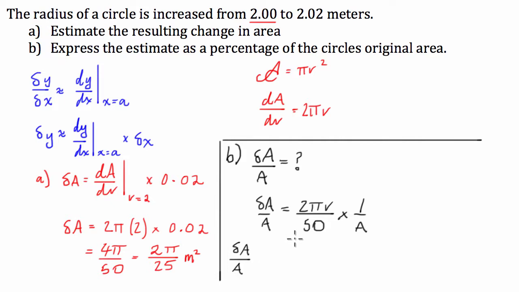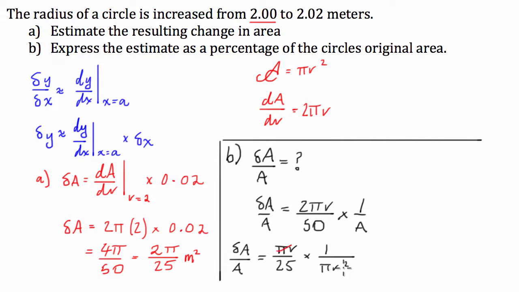So then I've got this delta A on A is equal to, I'm going to get rid of the 2, and I'm going to call this just pi r over 25 times by 1 on area. Now the area of a circle, again, we're going to change that out, and that's equal to pi r squared. Cool. So then we take a red pen and simplify this.